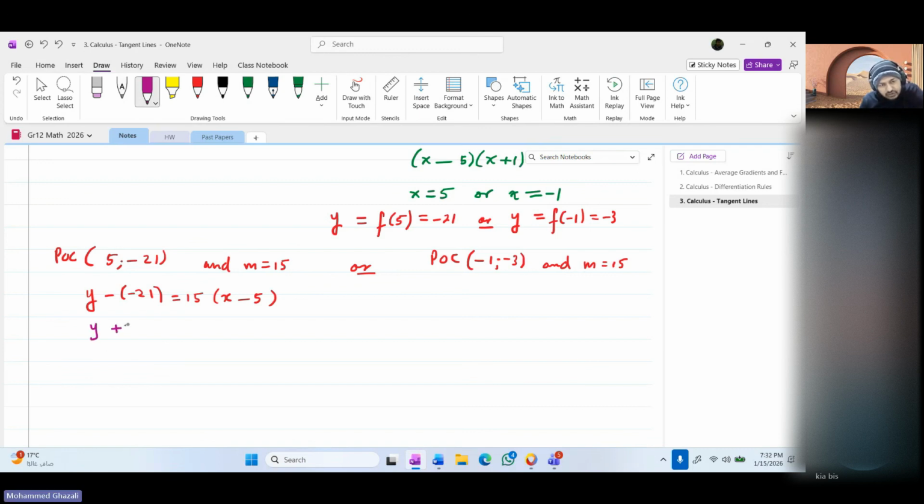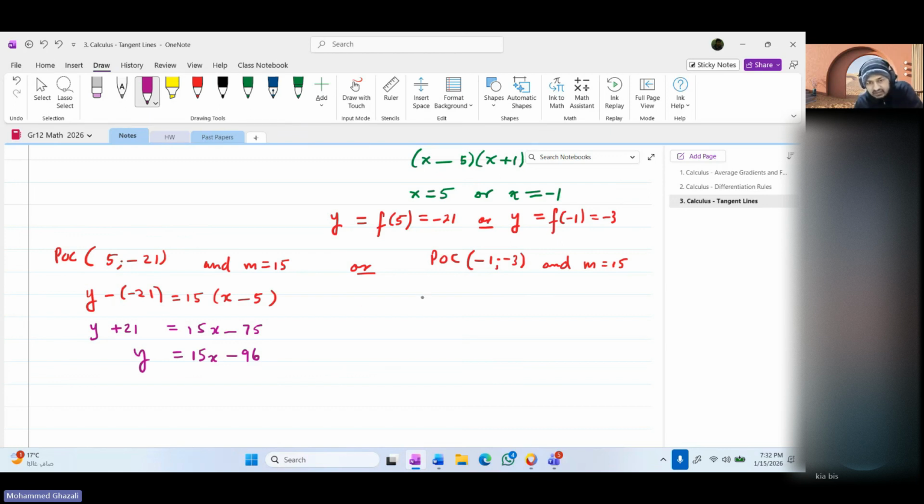So y plus 21 equals, open this up, 15x minus 75. Y equals 15x minus 75 minus 21. I'm getting minus 96. So that's the first equation of the tangent line.